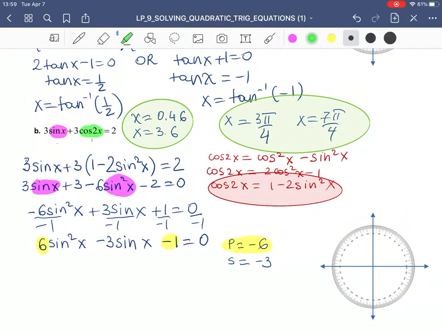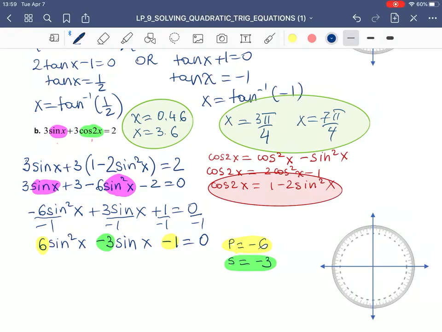And the reason why I'm saying the sum has to be negative 3 is because we have a negative 3 right here. Okay, so can you think of two numbers that multiply to negative 6 and add to negative 3? And remember that we can only play with integers. So I'm going to look into them. So 3 and 2, no. 2 and 3, no. 6 and 1, no.